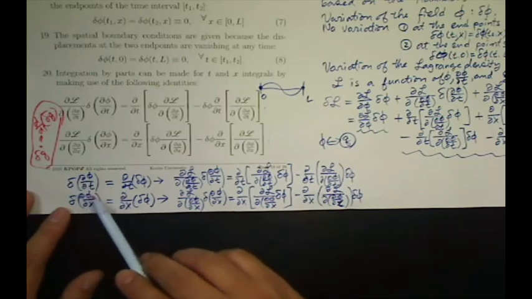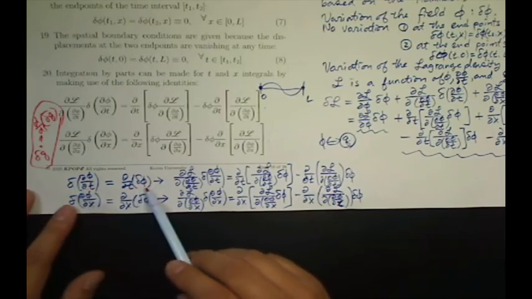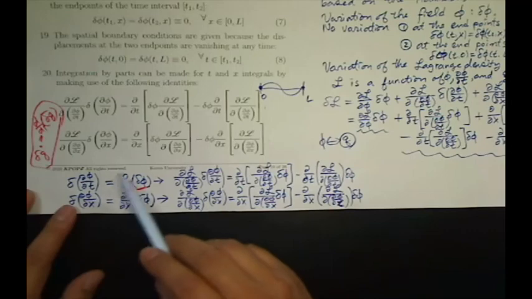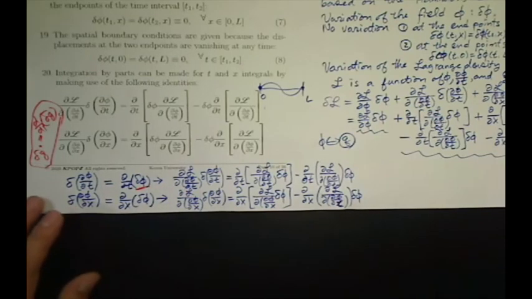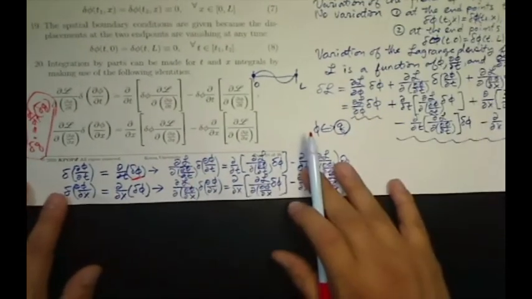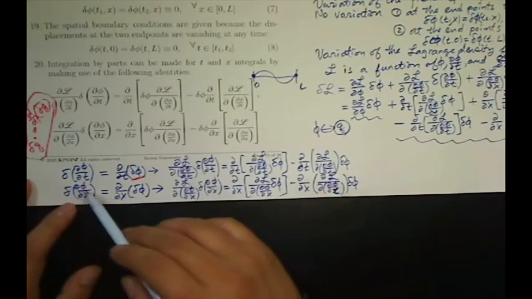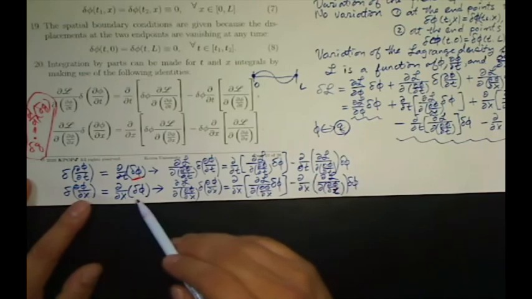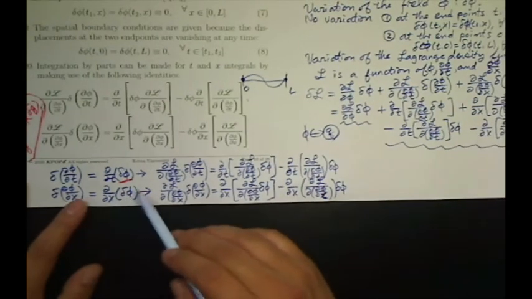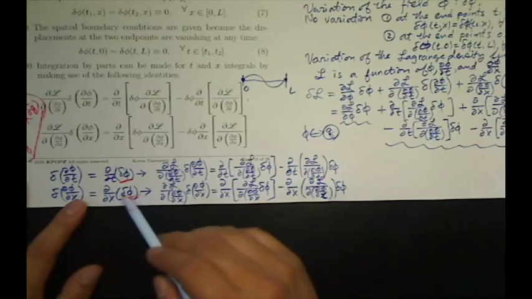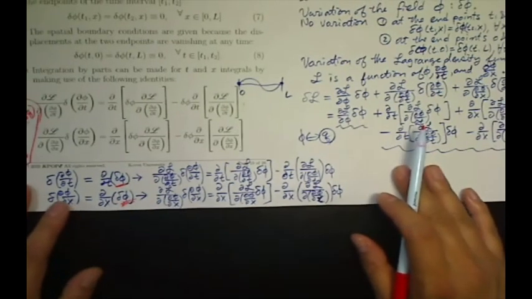So we pull out this partial time derivative outside, and we take the time derivative of the variation of the field. The same is true for the spatial derivative, and we replace this one with the partial derivative of the variation of each scalar field.